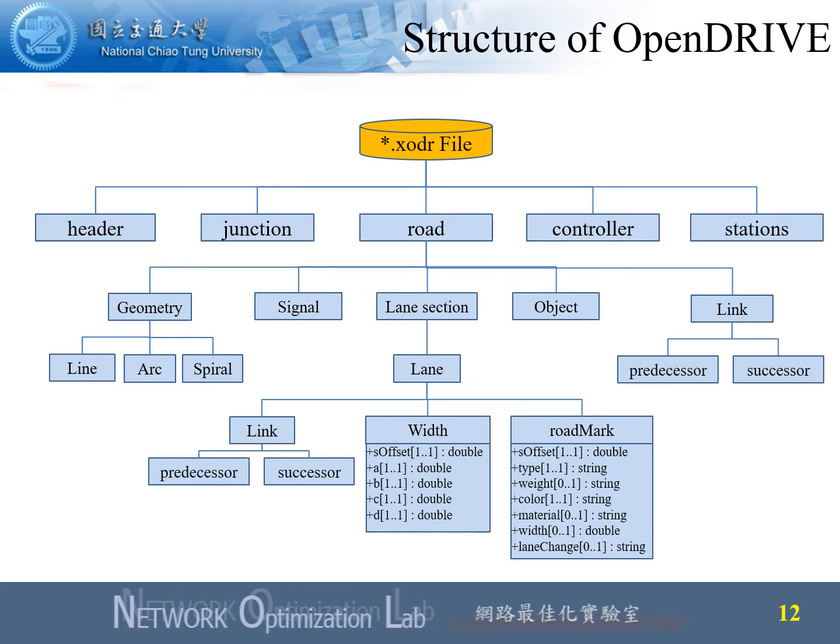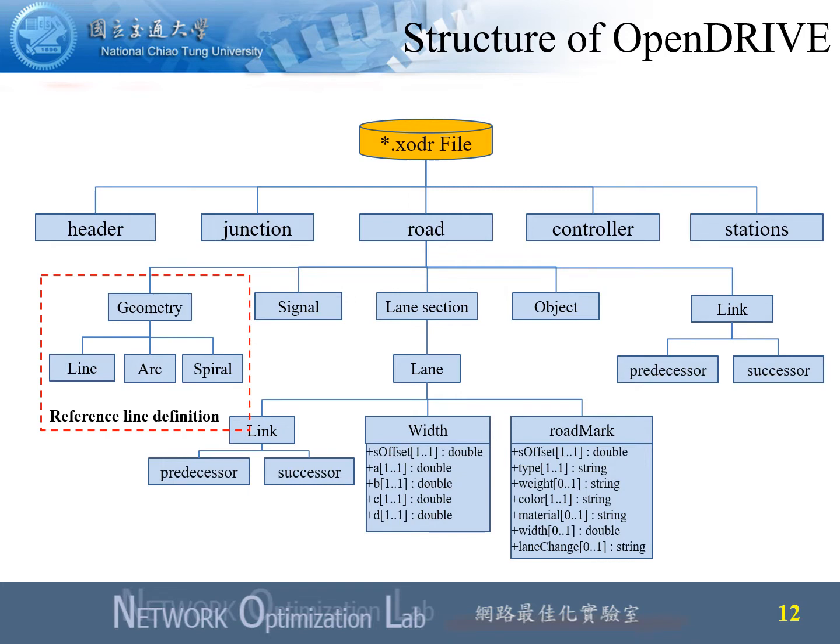An XODR file is the basic data exchange file of OpenDrive and is written in XML, which is Extensible Markup Language. The structure of an XODR file is divided into 5 parts, which are header, junction, road, controller, and station. In this study, we focus on the information on the road surface.